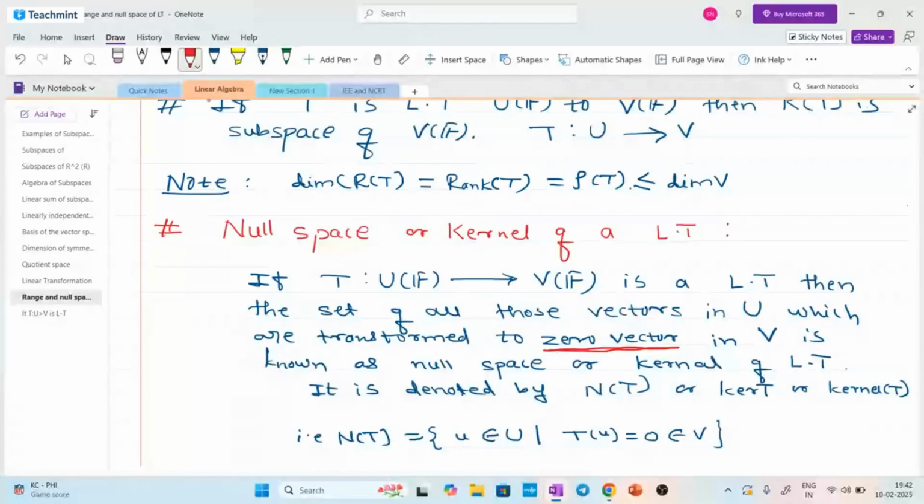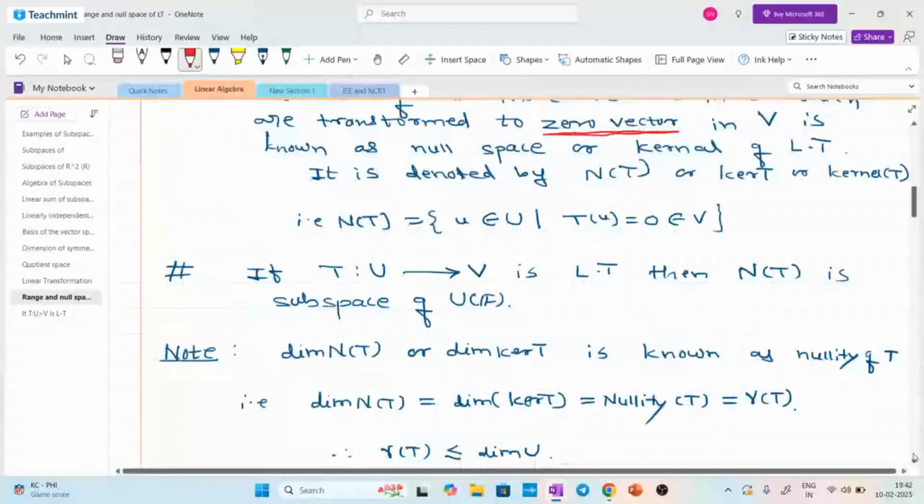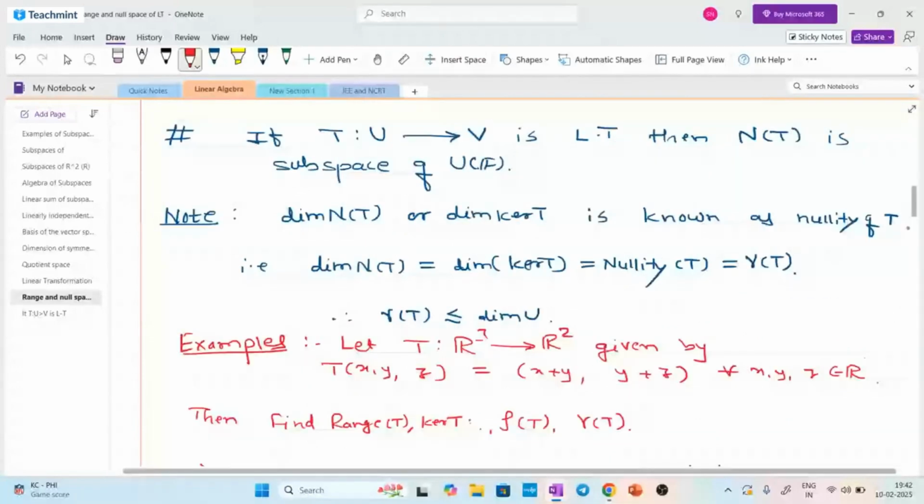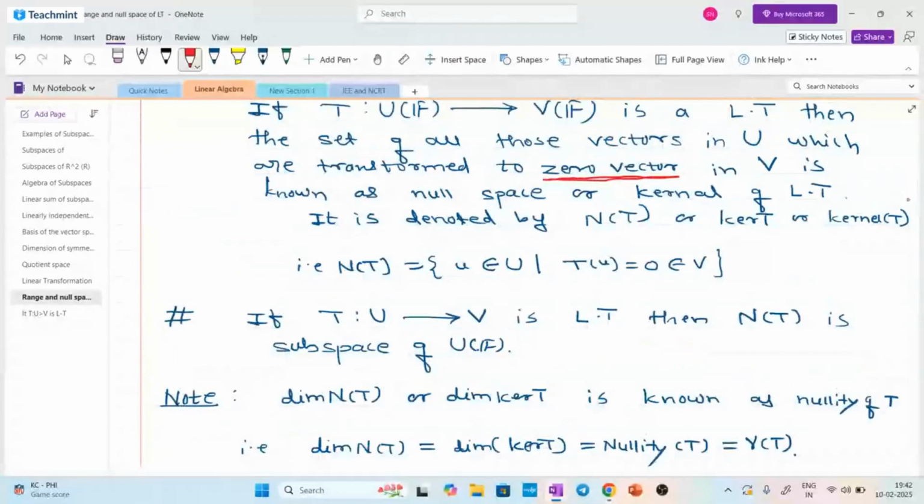It is denoted by N of T or kernel of T. Mathematically, it is written as N of T, the null space of T. Null space of T and kernel of T are the same.